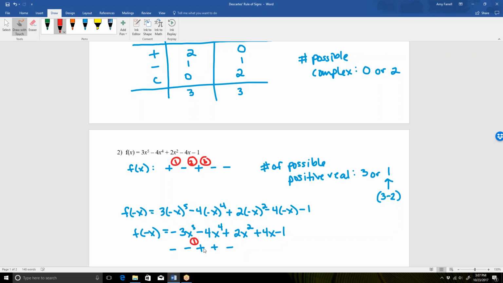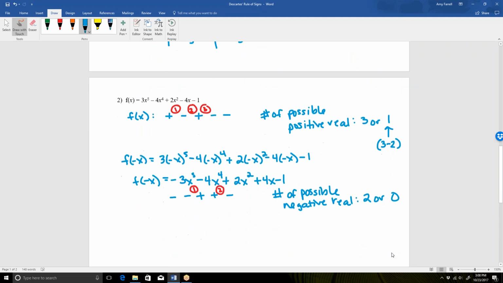Negative to positive is a change. Positive to positive is no change, but positive to negative is a change. So I have 2 variations of sign in f of negative x. This tells us the number of possible negative real zeros or solutions. They're either going to be 2 or 0. Okay, I get the 0 by taking 2 minus 2.